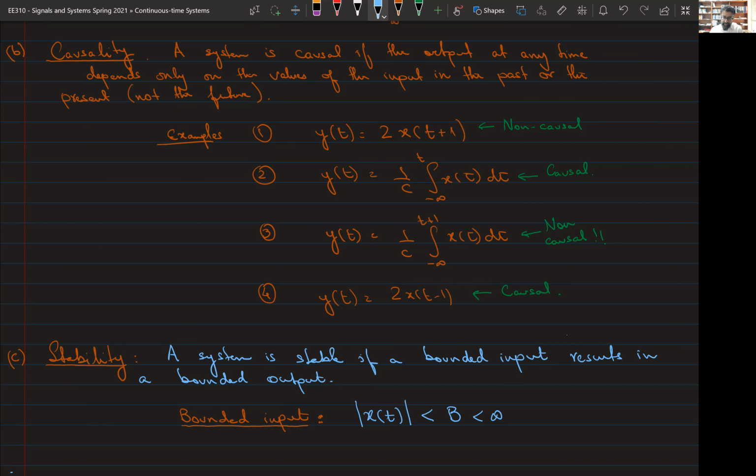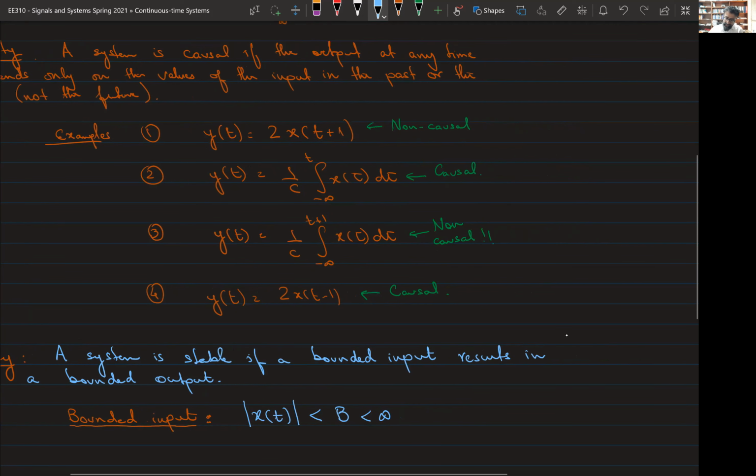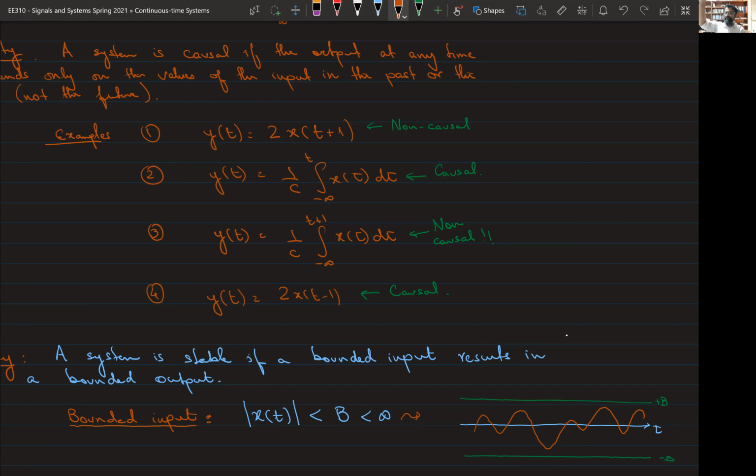If I were to sketch this out, if this is the zero axis, then B is some finite number, for example this is plus B, and this is minus B. What this statement means is that the signal is always going to be within these two lines, can never go above the threshold plus B, and can never go below the threshold minus B. And that's what is meant by the input being bounded.